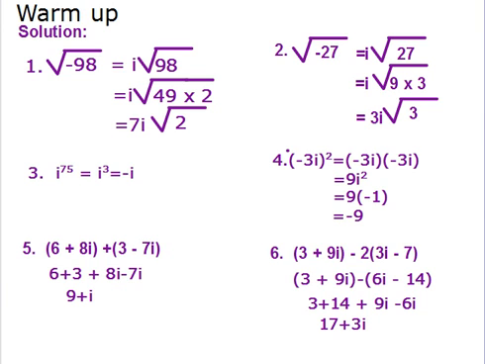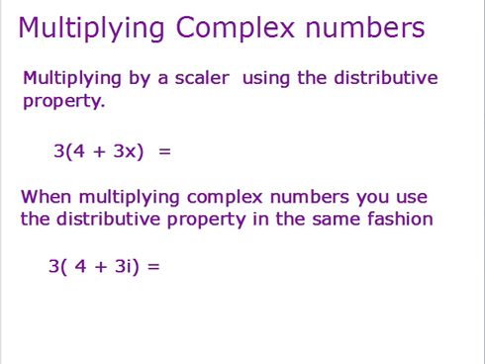So our lesson today is going to be on multiplying complex numbers. First, we're going to look at using a scalar. So here we just have distributive property like we've always done. 3 times 4 is 12. 3 times 3x would be 9x.